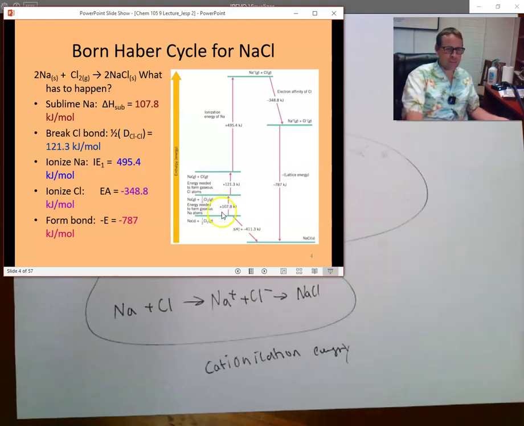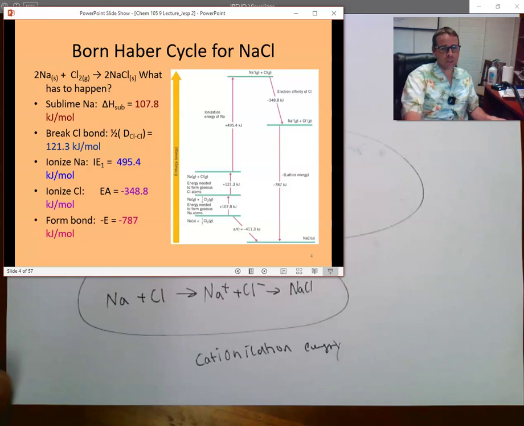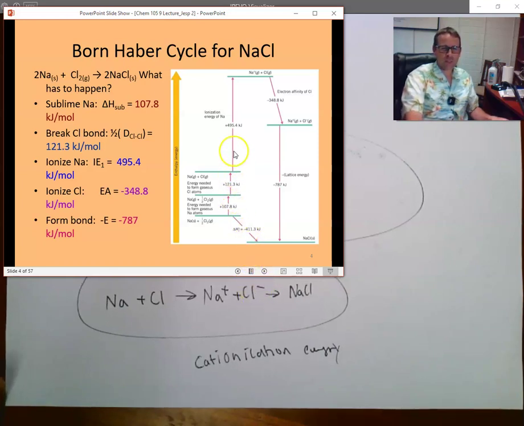These are the true facts of the story, right? Sodium needs to sublime into a gaseous phase. The gaseous sublimation is followed by the chlorine molecule breaking up, and then the ionization of sodium, the electron affinity associated with chlorine, and then the lattice energy, right? But isn't that story so much more boring than my story, right? So anyway, that's why I told you that story first, to help us along. But now we can see all of the steps associated with that process.